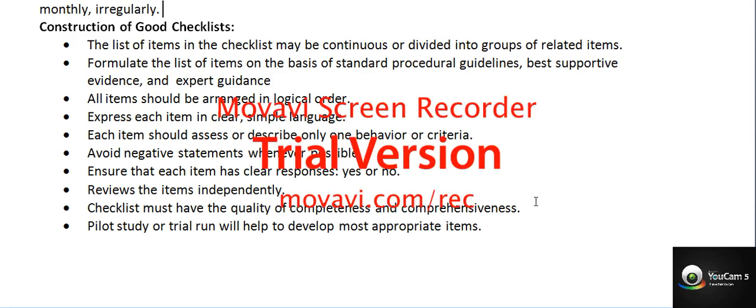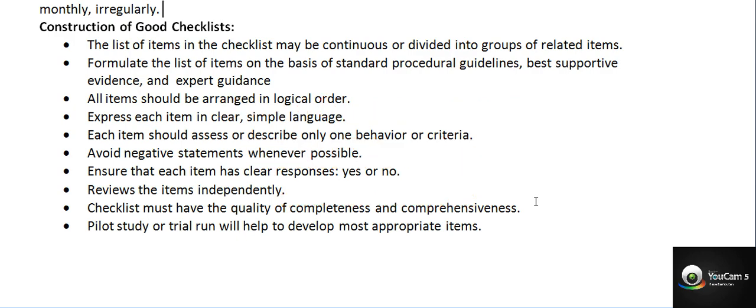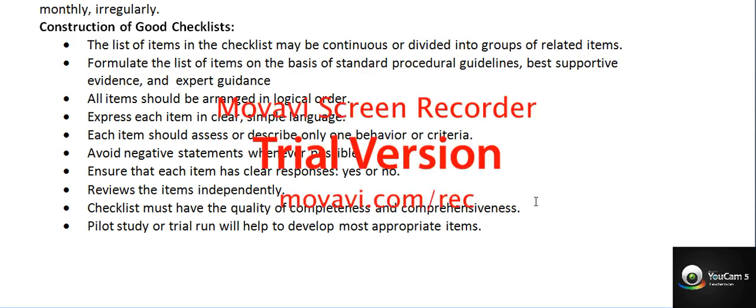When you are planning to make a checklist, you should first know your research topic, and as per the topic or the variable you have to list down the items. The items have to be continuous or divided in groups, but they should be related.